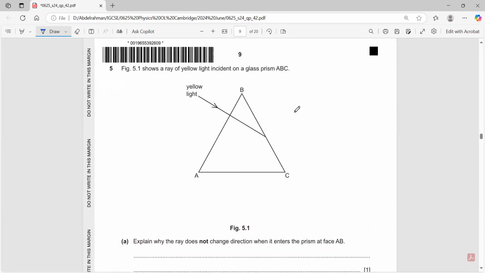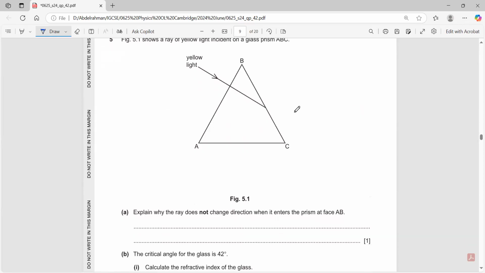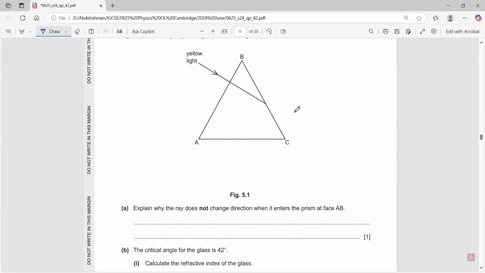Question 5. Figure 5.1 shows a ray of yellow light. Explain why the ray does not change direction when it enters the prism at face AB. Why doesn't it change direction as it's entering the prism at this point?